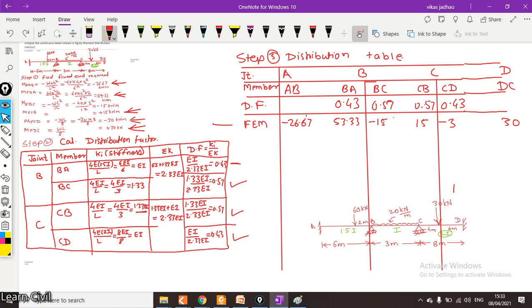Only you can see here the difference of these two moments, 53.33 minus 15.00. Whatever difference is there, this difference is the unbalanced moment.